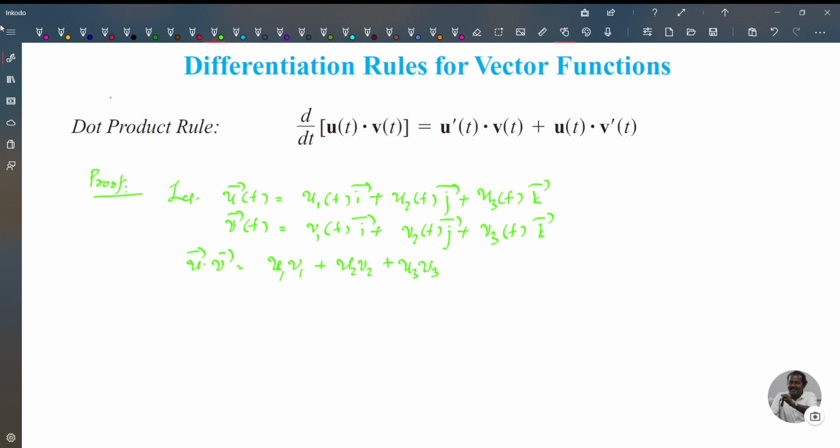Therefore d by dt of u dot v is equal to d by dt of u1 of t into v1 of t plus d by dt of u2 of t into v2 of t plus d by dt of u3 of t into v3 of t.